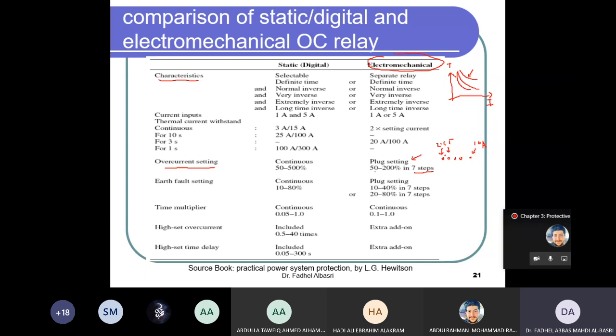So if you want to choose a setting of, let's say, 2.7, you cannot choose it. You have limited pickup settings. The pickup setting is the setting at which the relay declares there is a fault. While in a static relay or numerical relay, you can have a step of 0.01, so it's very fine. We call it a wider range.